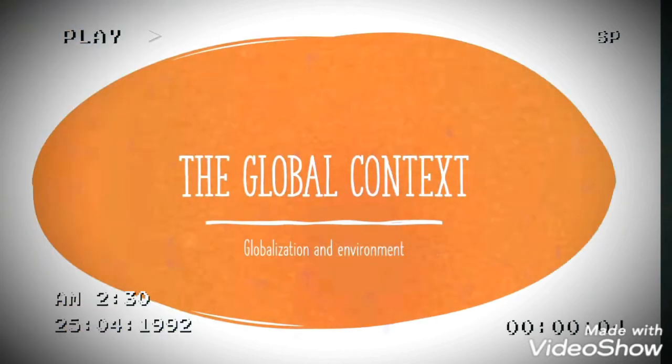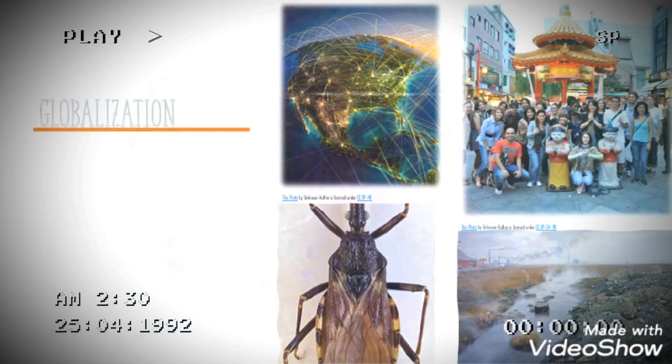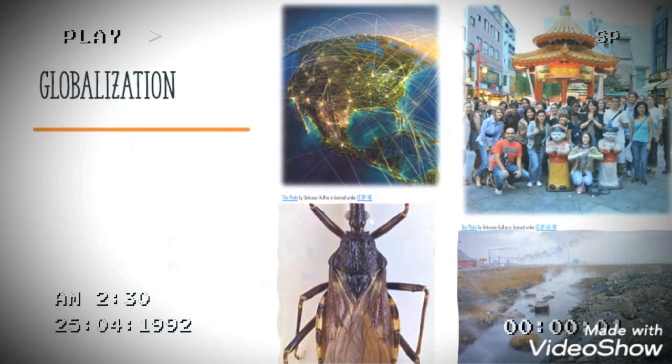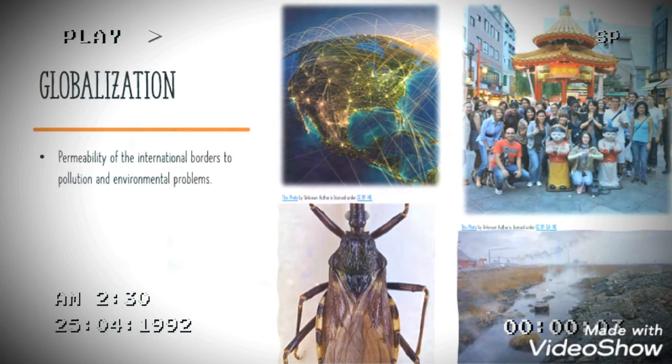So for global context, globalization and environment, in this section we're going to talk about how globalization affects the environment. One aspect is the permeability of international borders to pollution and environmental problems, like the spread of chemicals and bioinvasion.